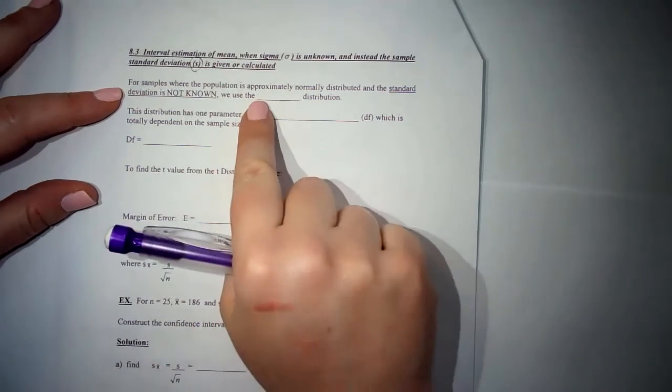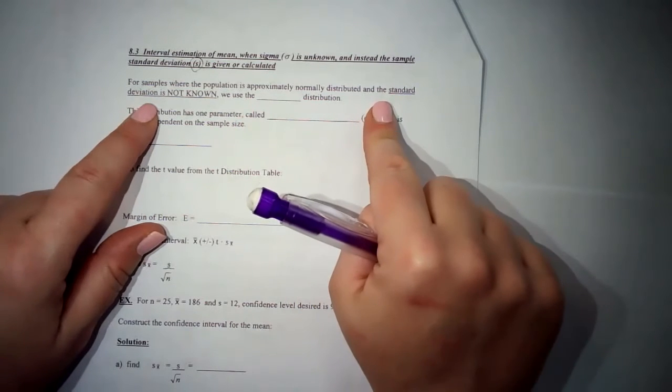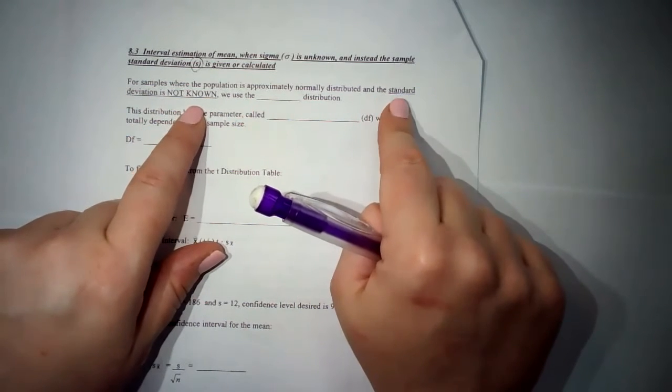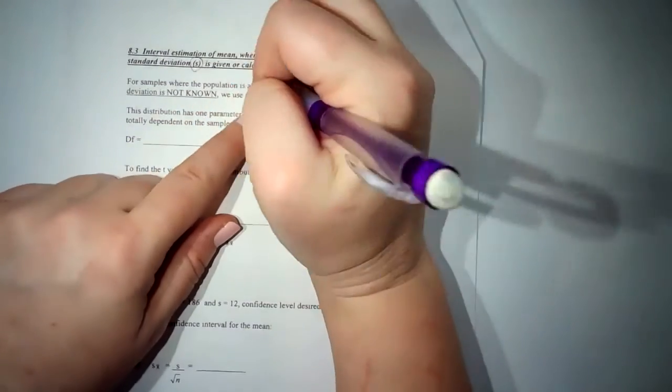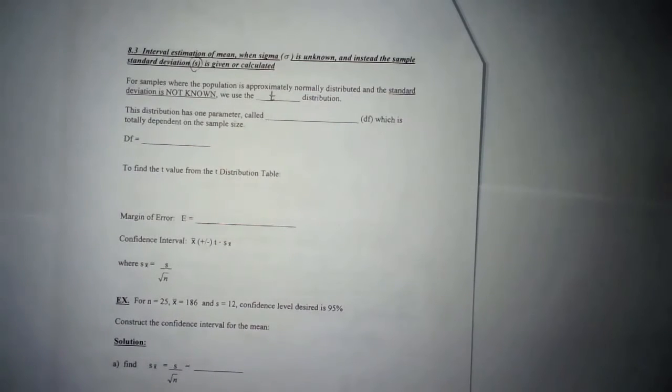So for samples where the population is approximately normally distributed and sigma is not known, your population standard deviation is not known, you're going to use the T distribution. So we can no longer use this. We're using this now.